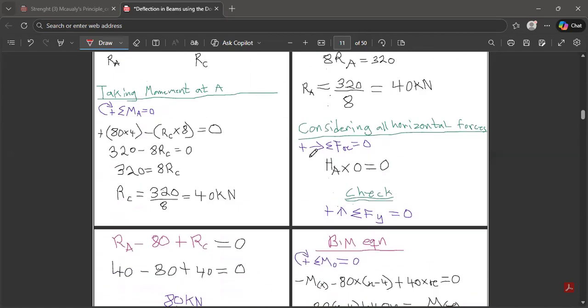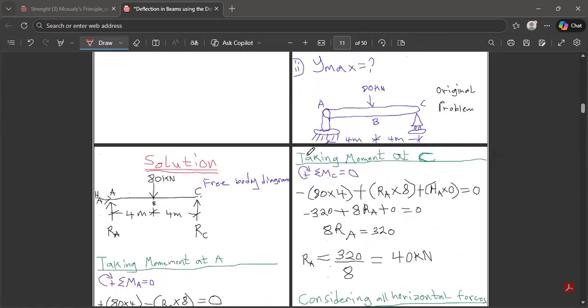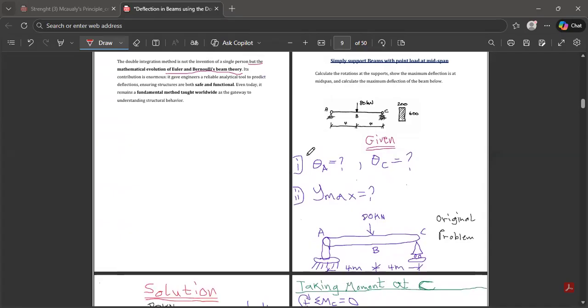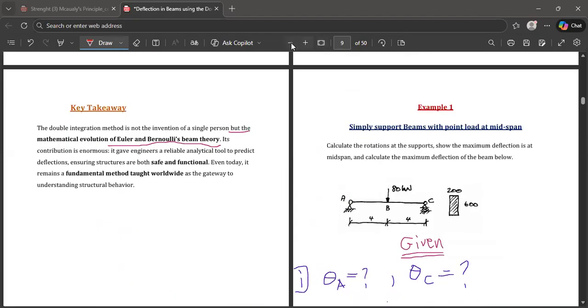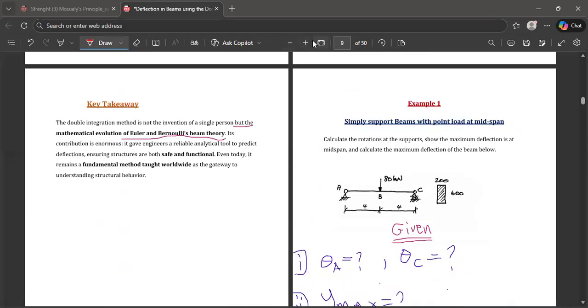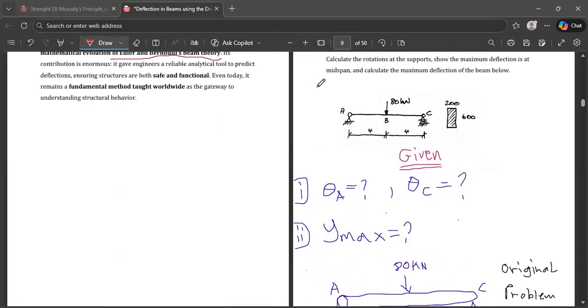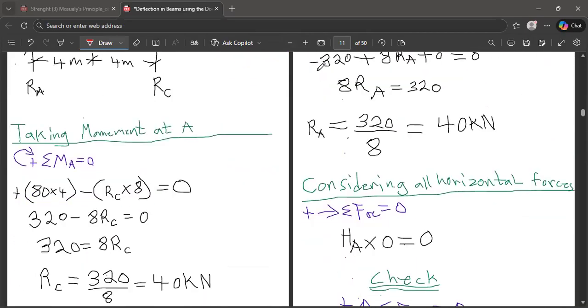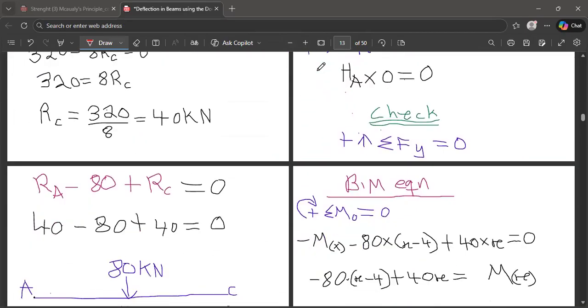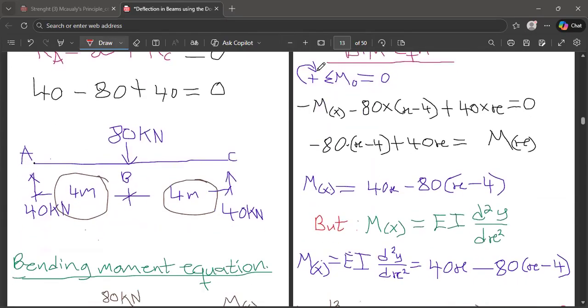From wherever we started to wherever we have gotten now, you see how it is a gradual process. Without knowing one, you can't know the other. That is why we have been teaching you shear force and bending moment, all of those. It's for a reason. Today we are still using the moment calculation of reactions and all these things.